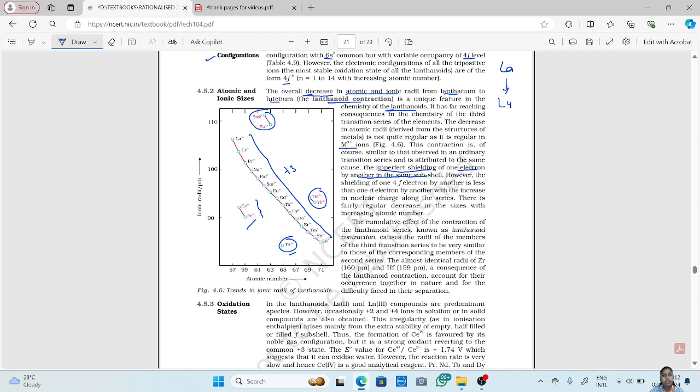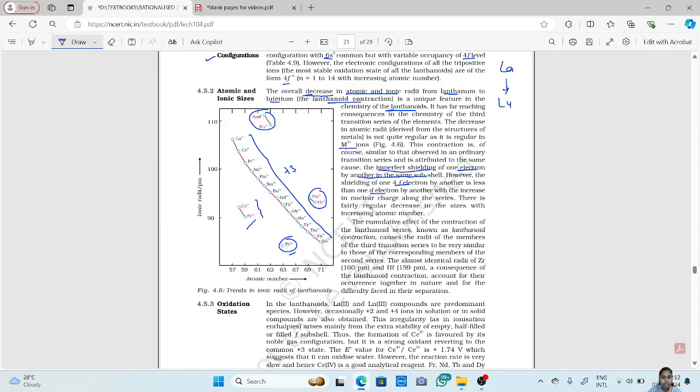However, the shielding of one 4f electron by another is less than that of one d electron by another with the increase in the nuclear charge along the series. Now, the shielding by 4f electrons is less compared to the d electrons because 3d comes first, then 4f, or 4d for that matter.